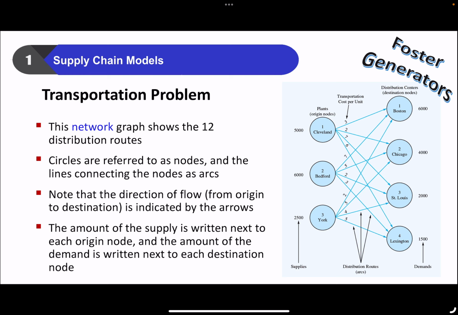Note that the direction of flow from origin to destination is indicated by arrows. It tells you how the transportation will happen from where to where. The amount of supply is written next to each origin node, and the amount of demand is written next to the destination node.